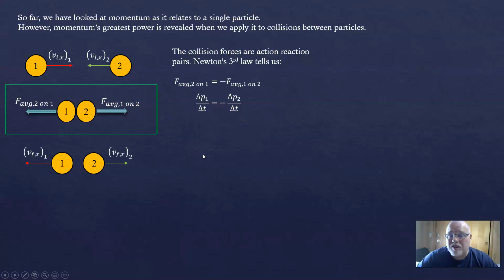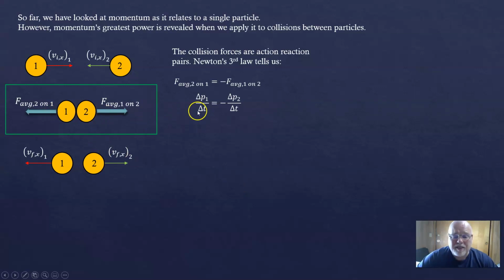It's not really a stretch, I don't think, at this point to see that these delta t's have to be the same. Those momentum changes are going to occur as long as these forces are in play, and they're going to happen for the same amount of time.